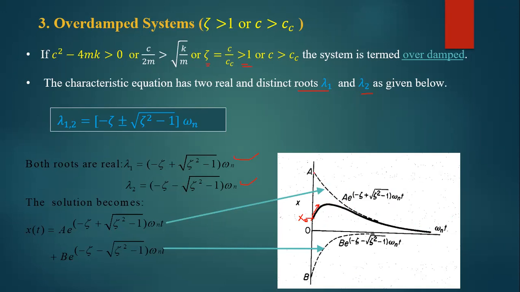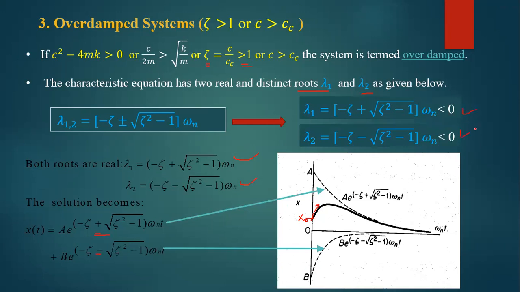The positive root will have such decrement, and the negative one, for this minus case and here plus case, are represented here. So this is the overdamped vibration case.